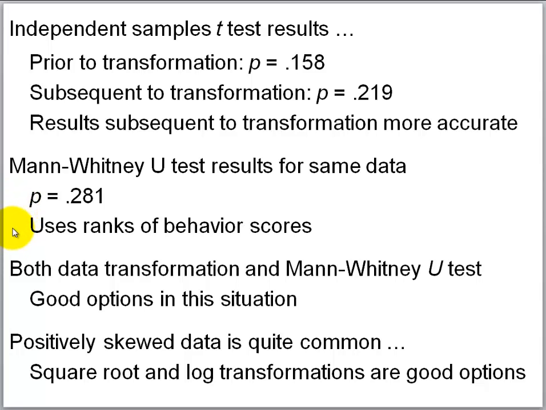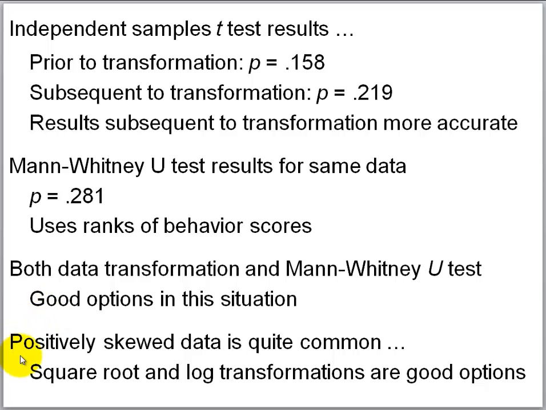And as you know from the prior video, the Mann-Whitney U-test doesn't use the raw data in its calculations, but rather it uses the ranks of the behavior scores. Both the data transformation to markedly reduce the skew and make the distributions fairly close to normal, and the Mann-Whitney U-test, both of these are good options in this situation.